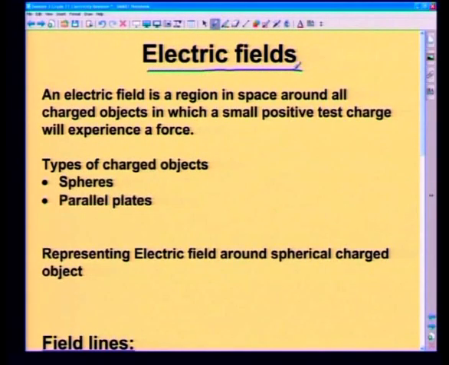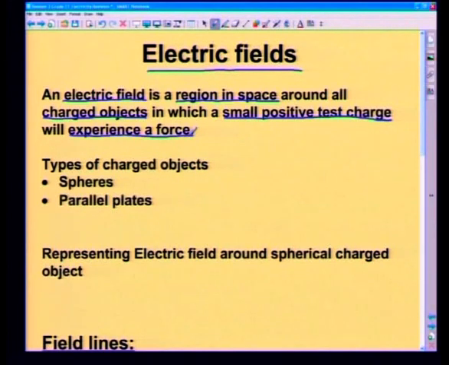Now, I want us to move on to one other section of our lesson, which talks about electric fields. What is an electric field? An electric field is a region in space around all charged objects in which a small positive test charge will experience a force.